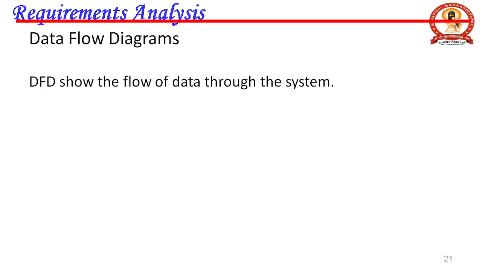Now, it is a natural expression. For expression, how data flows from source to destination is to be shown, and the structure is to be deployed. For the structure, we have certain notations, certain symbols for the data flow, showing how data flows from source to destination. Then what is to be there?